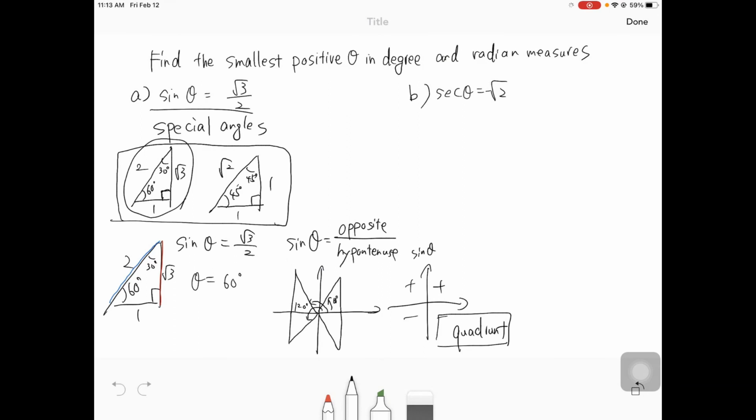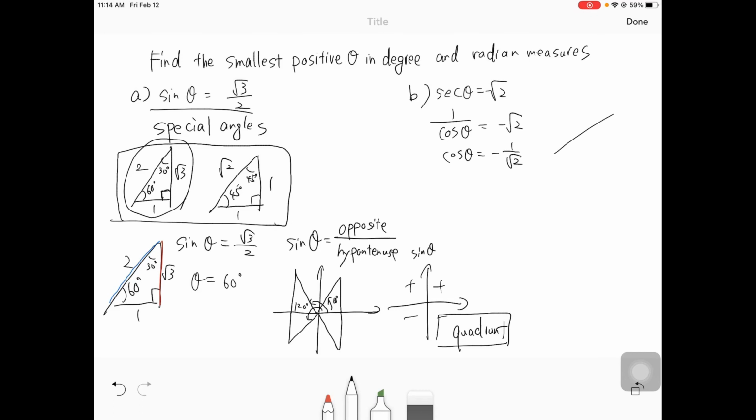Okay. And then let's work on one more question. Secant theta is equivalent to negative square root of 2. I don't like secant, so let me convert it into cosine. Secant theta is a reciprocal of cosine theta. So cosine theta is equivalent to negative 1 over square root of 2.